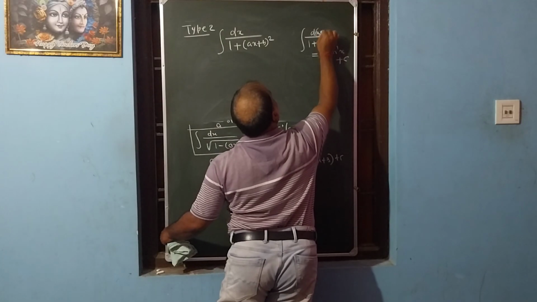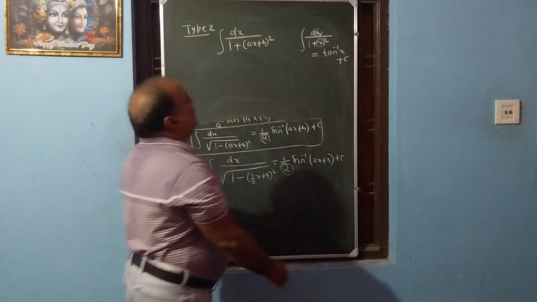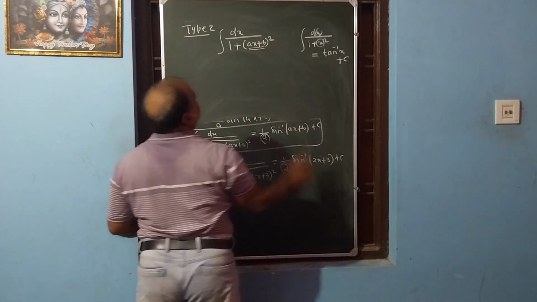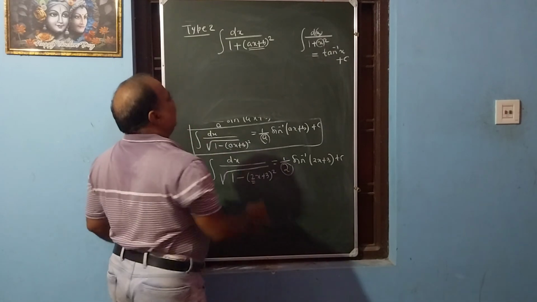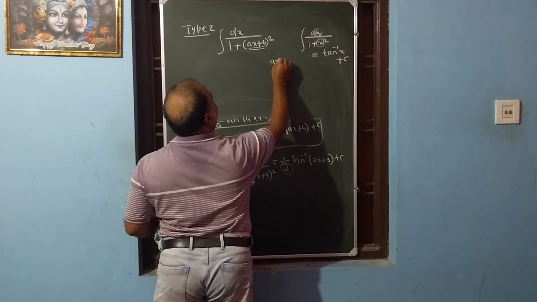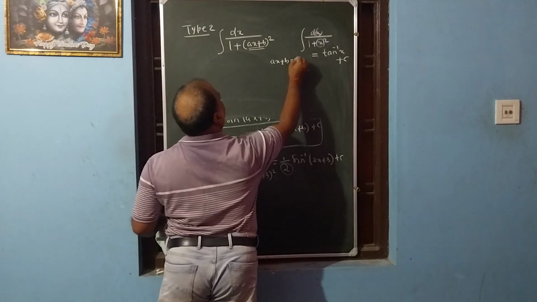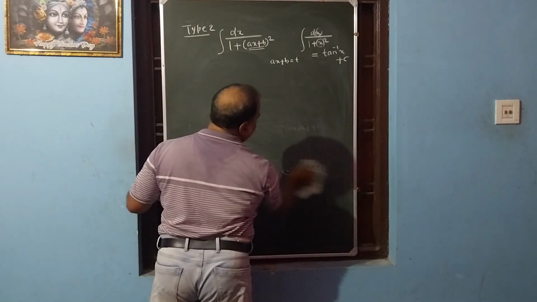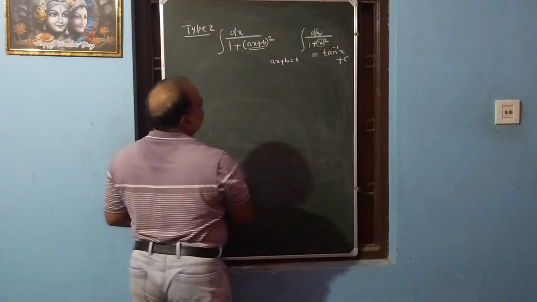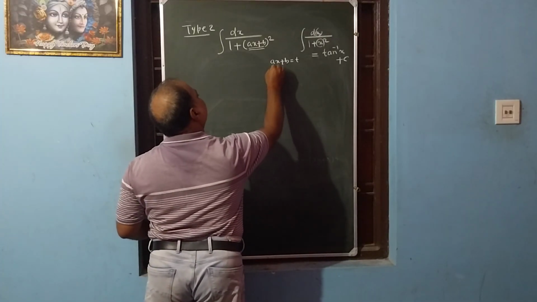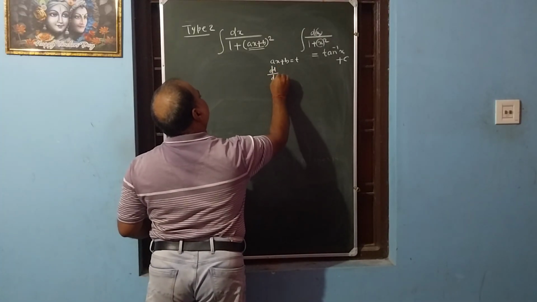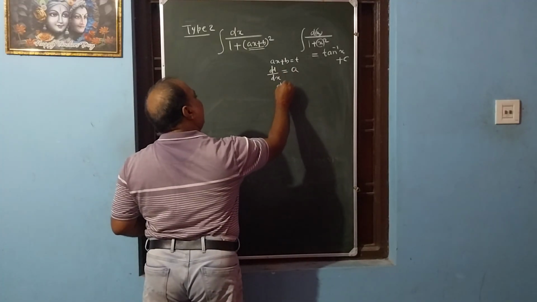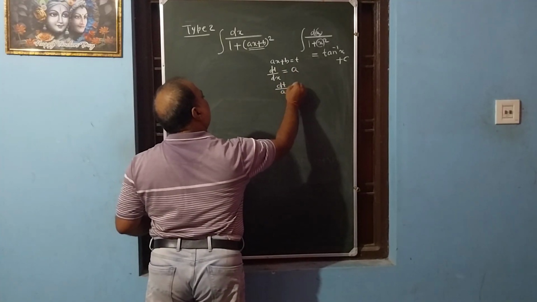Here it is x, here it is also x. But today, in place of x, we have ax plus b. So you have to take ax plus b as t. Once you take that, you have to differentiate on both sides with respect to x. So we get dt by dx is equal to a, so dt by a is equal to dx.